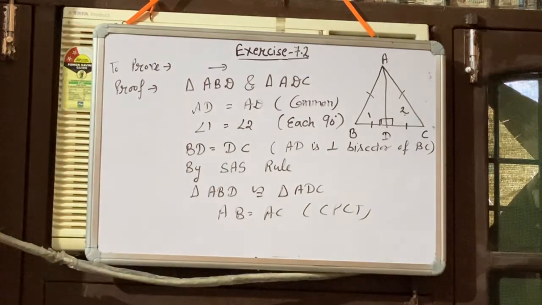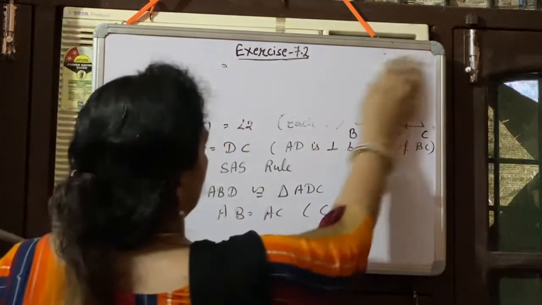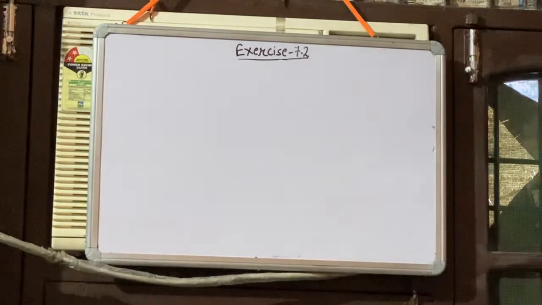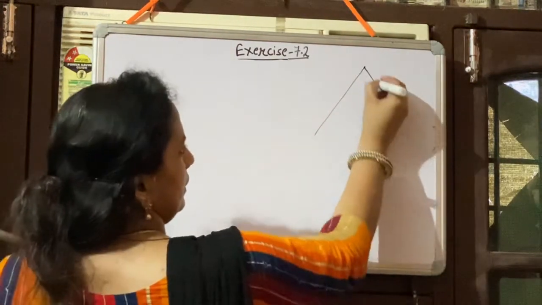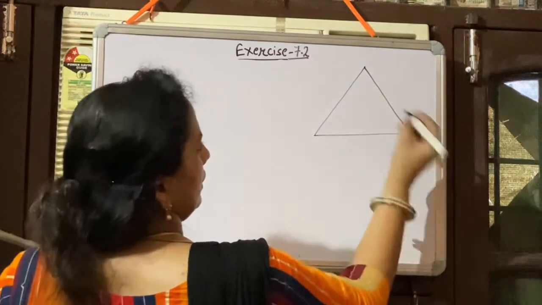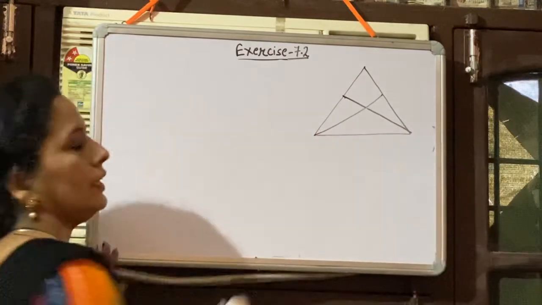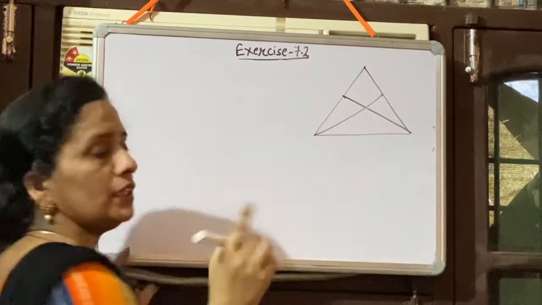In the next question, you are given a triangle and two altitudes. Altitude means perpendicular, which makes a 90 degree angle with the base.